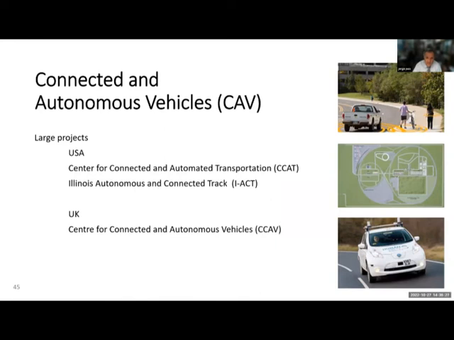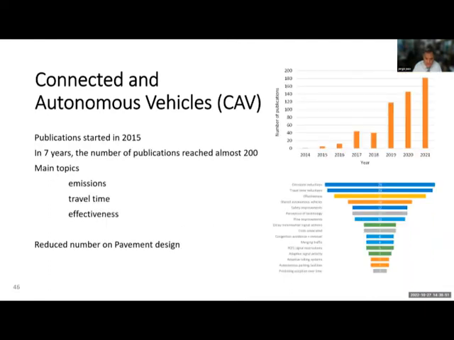At this moment, there are some large projects in the US and UK that are trying to study CAV and how the roads and also the pavement will be changed by this traffic.